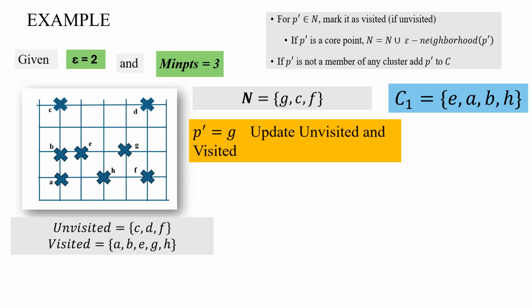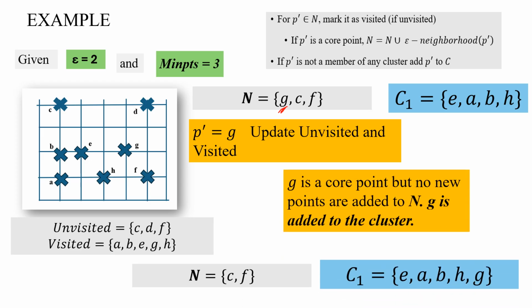So we now pick up G, okay, update the sets unvisited and visited. G is a core point because see, F is in its neighborhood, H is in its neighborhood, E also, but we don't have any new points to be added to N. F, H, C already are there or have been processed.